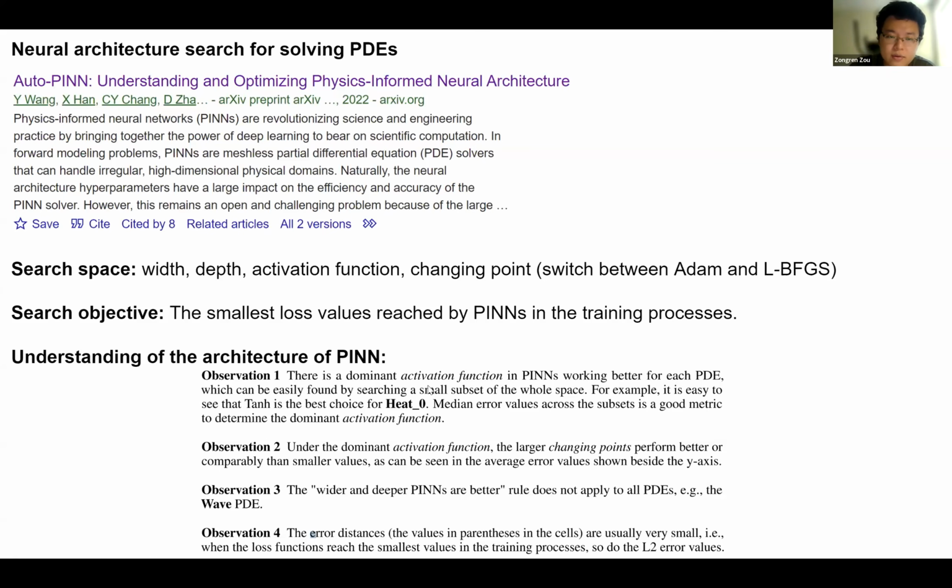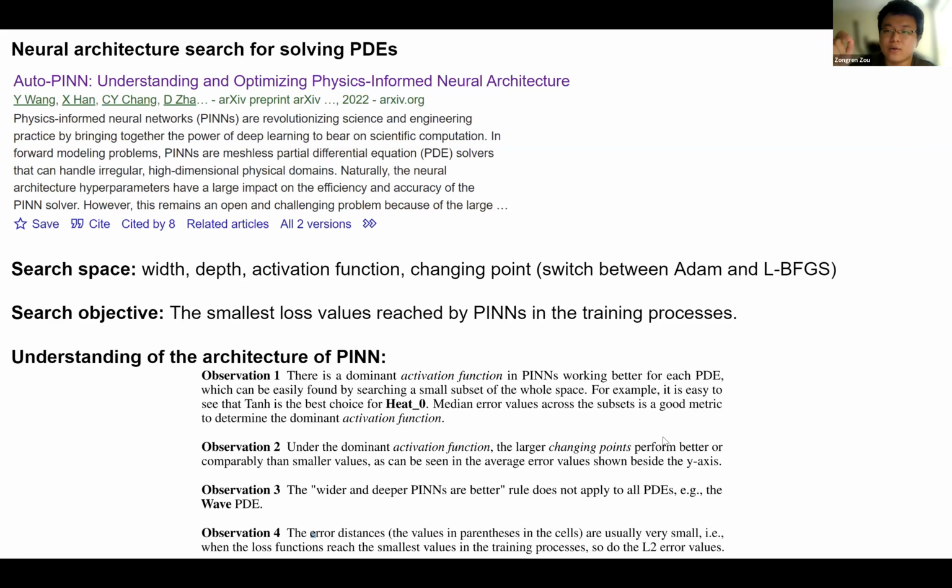They do that because of the observations they made in the paper. For PINNs, for each PDE, there's one dominant activation function. For example, for Burgers' equation, we have experienced that the hyperbolic tangent always works better than ReLU because of the second order derivative. Observation 2 is that after the dominant activation function is chosen, the larger changing points perform better.